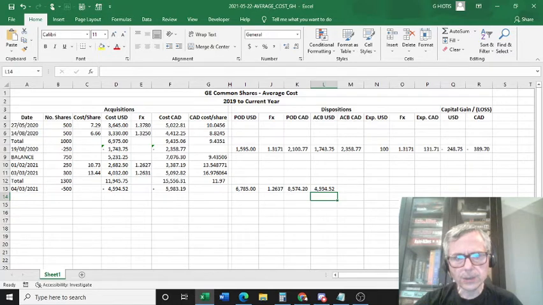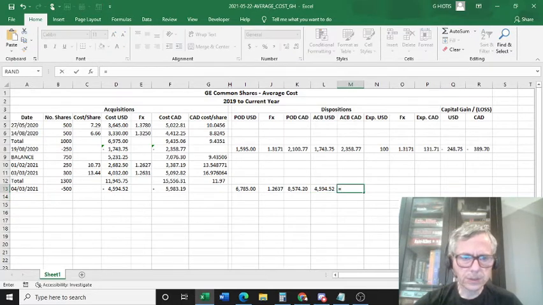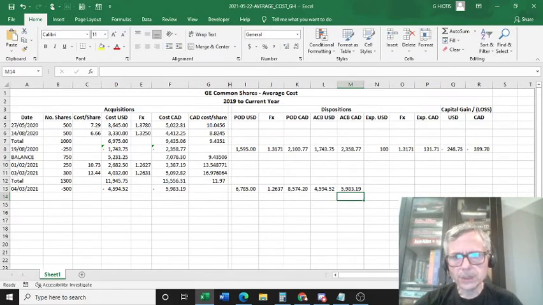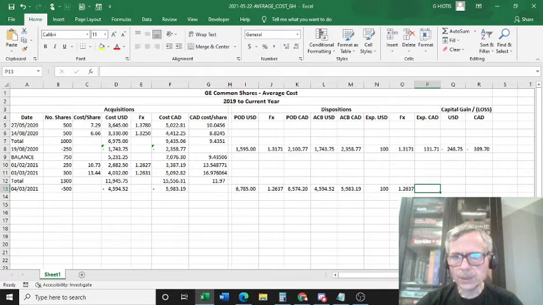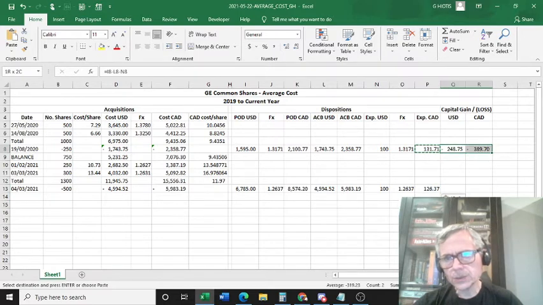ACB in Canadian dollars is this, and I'll multiply it again by -1 to make it into a positive number. There you go. Let's say I paid another $100 in commissions, and the exchange rate at the time of sale, there you go. And I can simply copy this, paste it there, and also copy this.